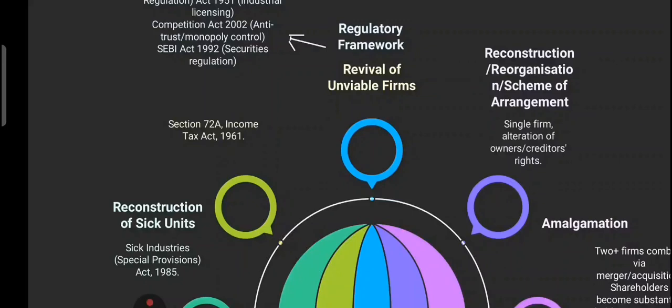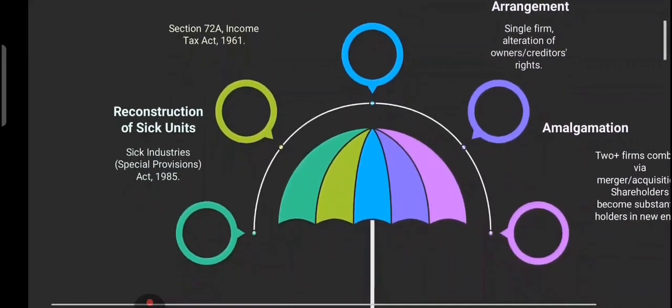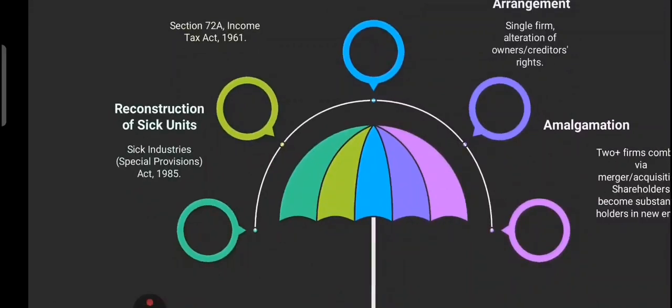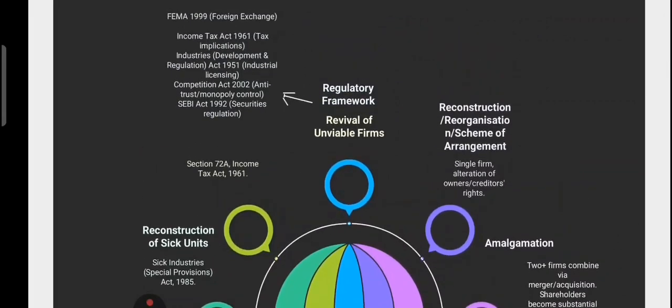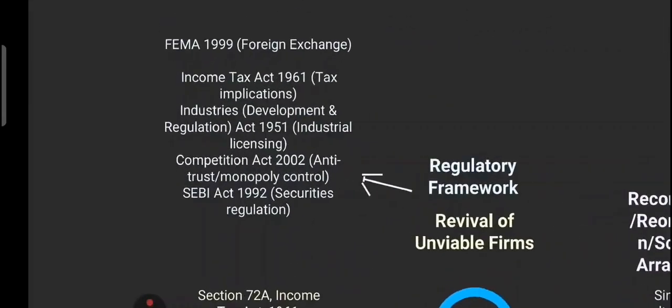At the center lies a strong regulatory framework upheld by vital legislation like FEMA 1999, the Income Tax Act of India 1961, the Industrial Development and Regulation Act of 1951, the Competition Act 2002, and the SEBI Act 1992. These acts together ensure financial discipline, industrial regulation, market fairness, and investor protection.